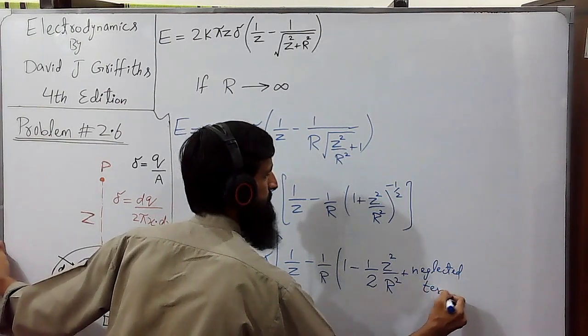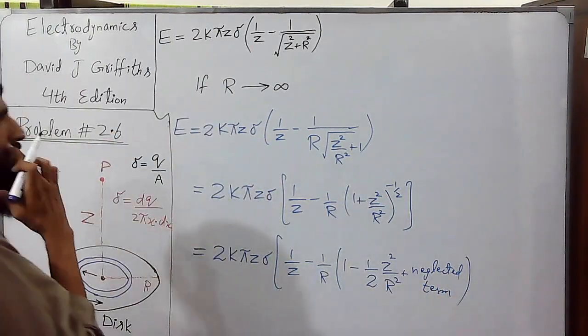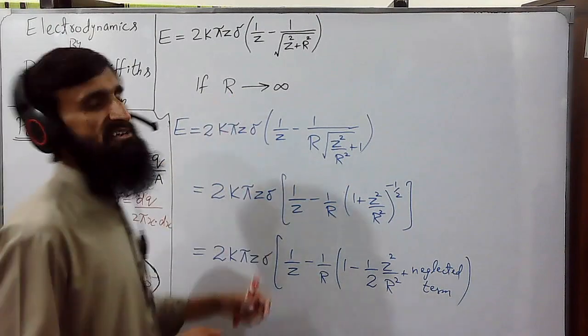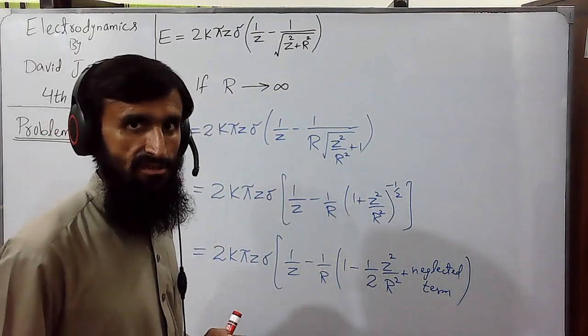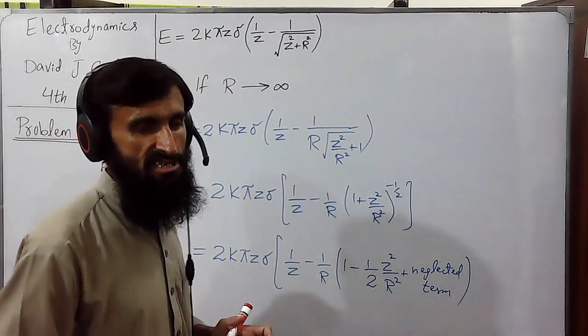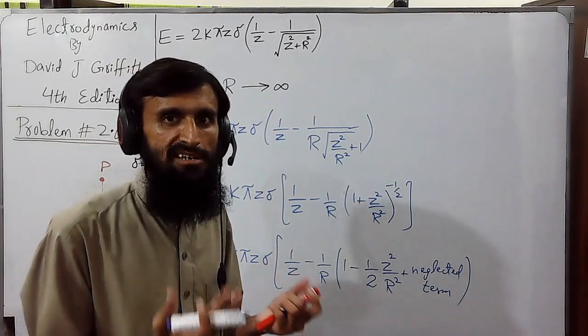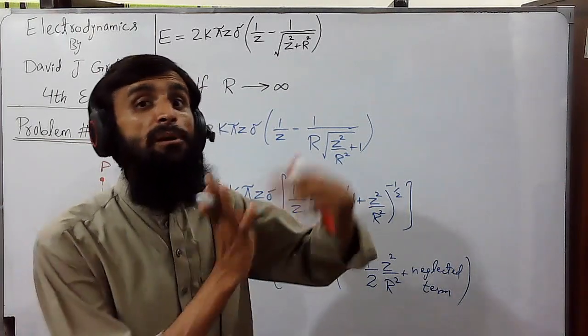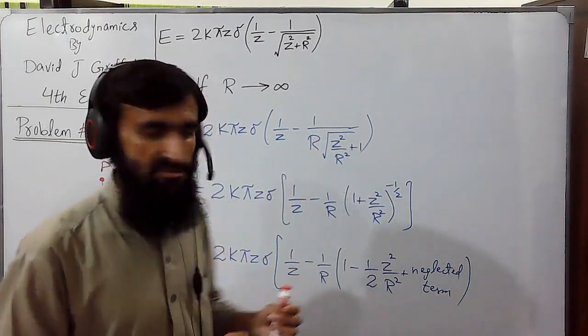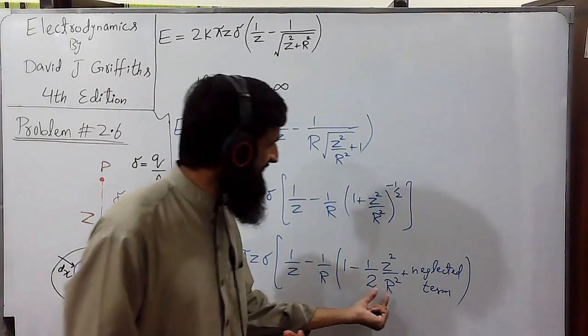All the higher powers have been neglected. Why? Because r approaches infinity, so R is very, very large. So higher terms will definitely contain higher powers of r in the denominator. That is in the next term.